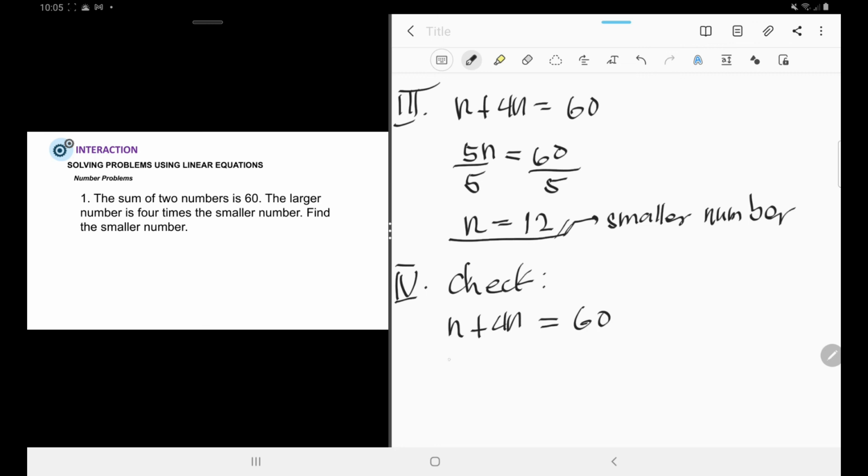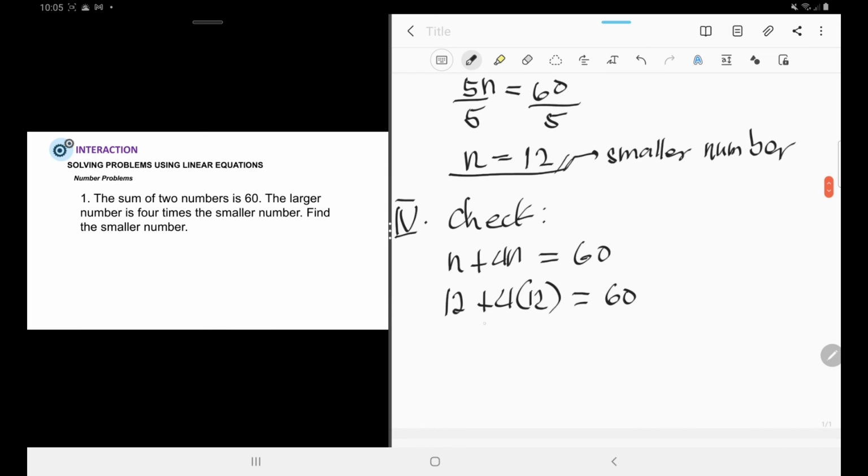So this is 12 plus 4 times 12 equals 60. So this is 12, then plus 4 times 12 is 48. Is that equal to 60? 12 plus 48 is equal to 60. So 60 is equal to 60. So meaning we have the solution of the equation, which is equal to 12.